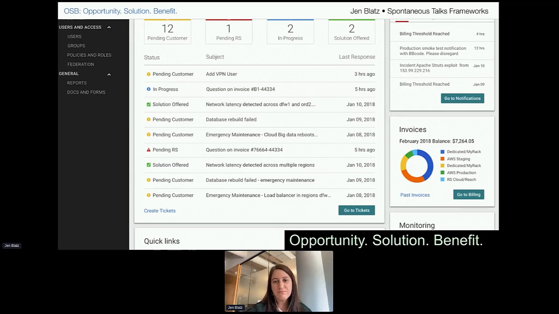This consolidated dashboard design surfaces all that important information in one place. And the benefit to our users is they no longer have to navigate all over the place to get the information that they need. Now they can get that high-level understanding all in one place.